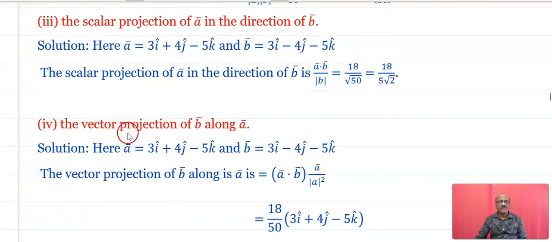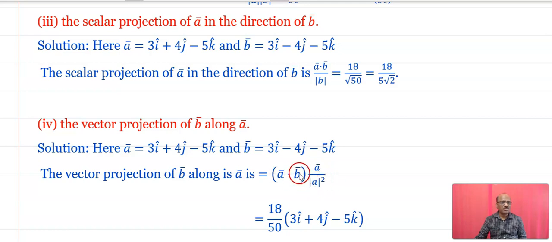Okay. The vector projection of b bar along a bar. Here a bar is 3i cap plus 4j cap minus 5k cap, and b bar is 3i cap minus 4j cap minus 5k cap. The vector projection of b bar along a bar is a bar dot b bar, in bracket, into a bar upon mod of a bar square.